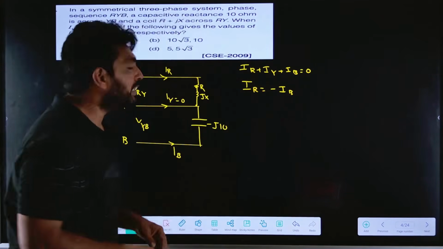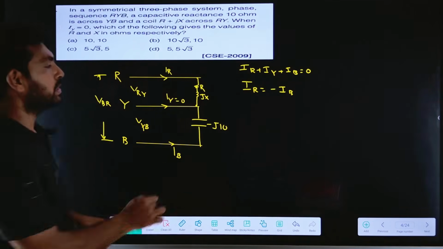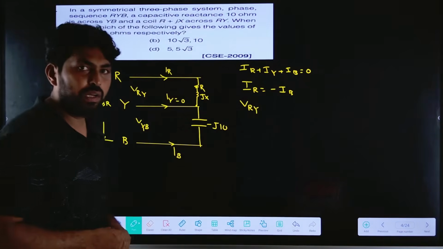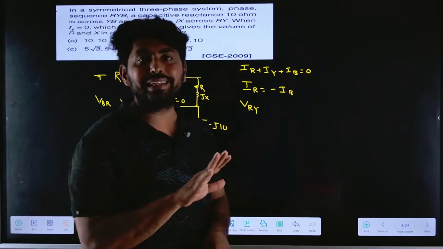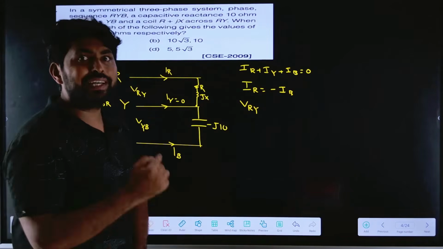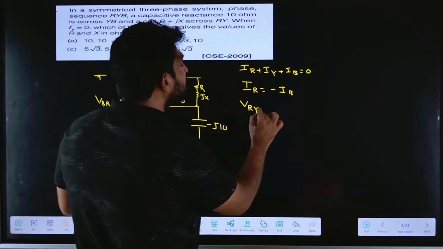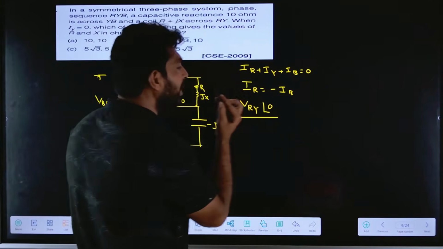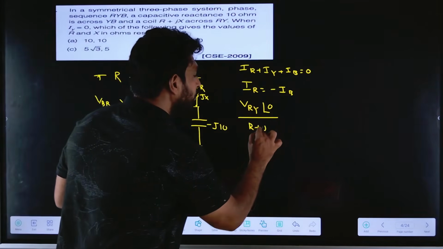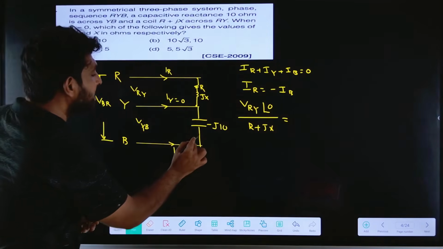So how can you find IR? VRY is applied across R plus JX. If I take the line voltage as a reference, and which voltage we take as the reference matters actually, here we are taking the line voltage as a reference. So it is VRY at an angle 0 divided by R plus JX. And for minus IB, IB is in this direction.